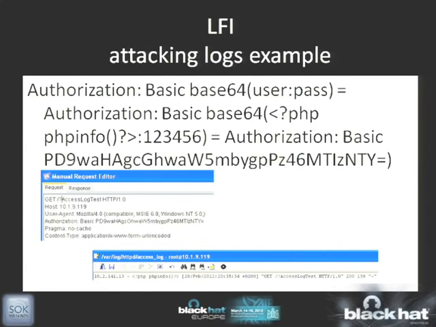The meaningful part has to be in the user, so we'll make our user be that phpinfo code, and the password just a random password. And we'll have the authorization header with Basic and that value.